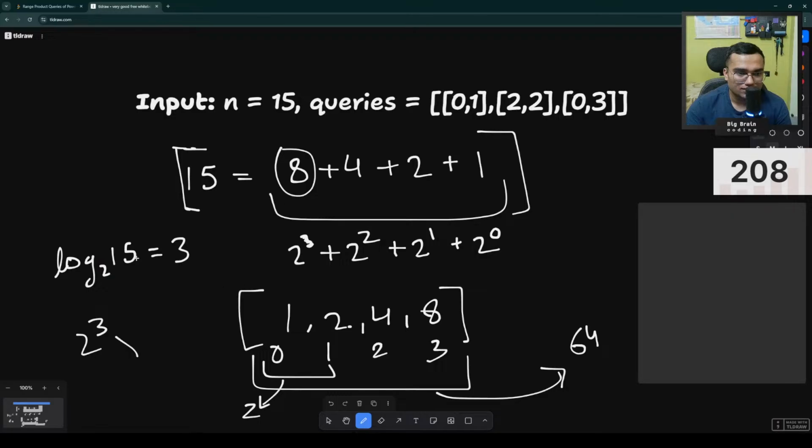And then subtract that. 15 minus 8 is 7. Then do the same operation again. Log base 2. This will return 2, correct? Basically the floor value in each log function, right? So this is easy. I can make this array very easily.